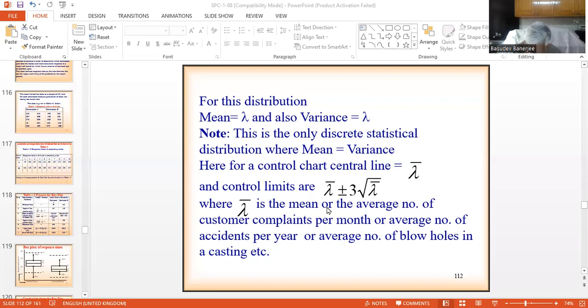So what is the total? 0.0228 into 2, 0.0456. So 1 minus that, what will be that? 1 minus 0.0456 equal to 0.9544.